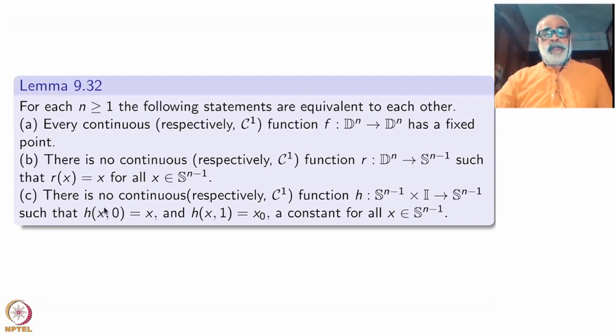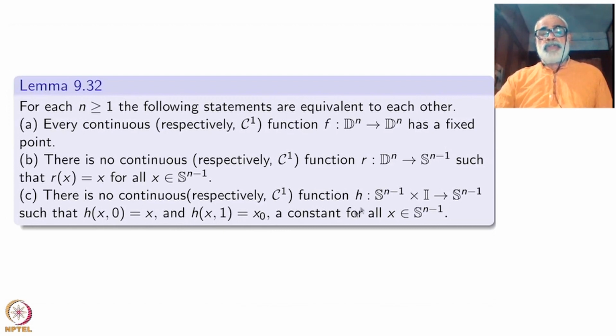(C) There is no continuous, respectively C1, function h from S^(n-1) × I to S^(n-1) such that h(x, 0) is x and h(x, 1) is x0, a constant, for all x in S^(n-1). The third condition just says that the identity map of S^(n-1) is not homotopic to the constant function.